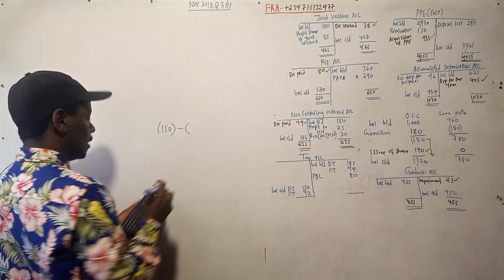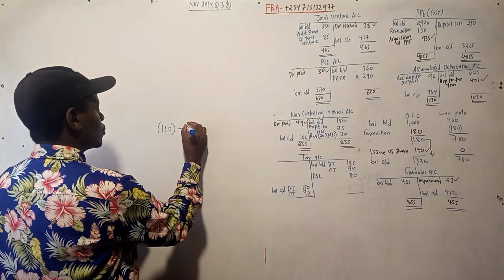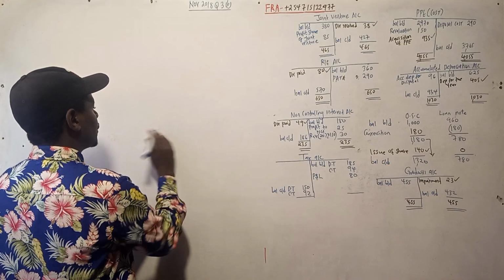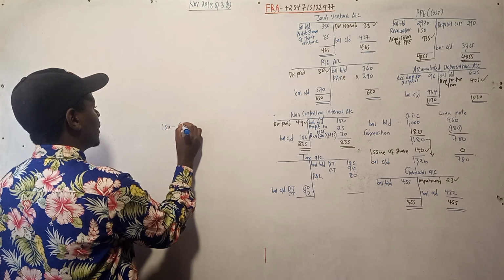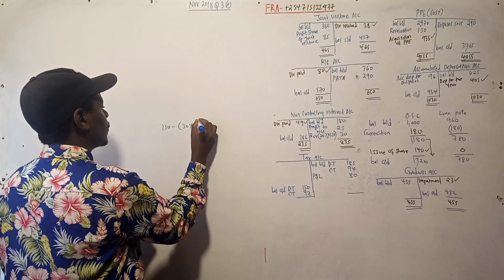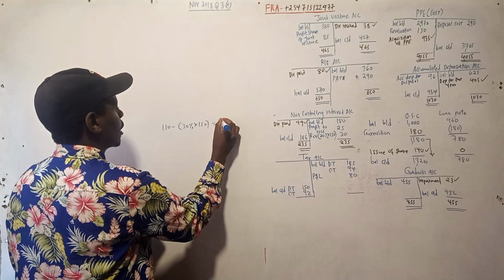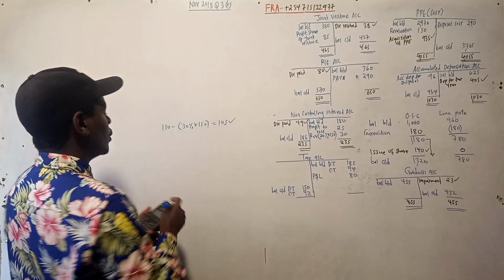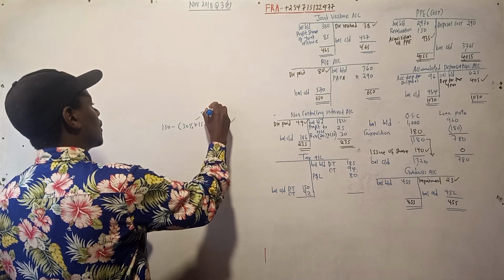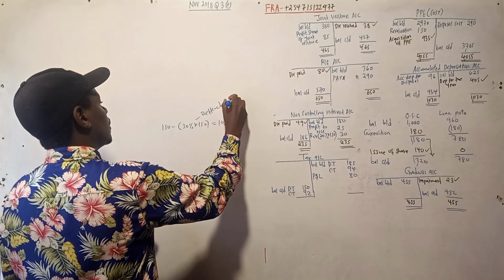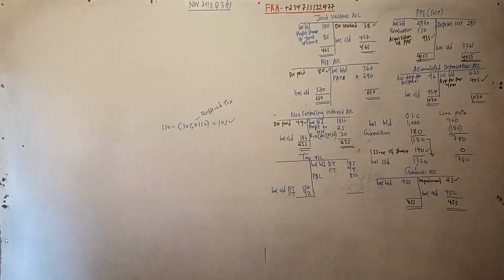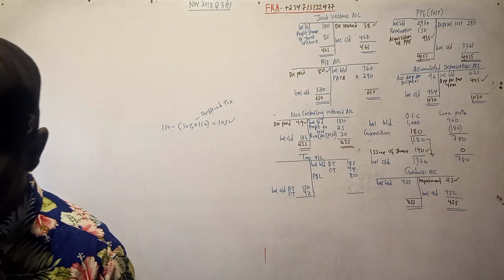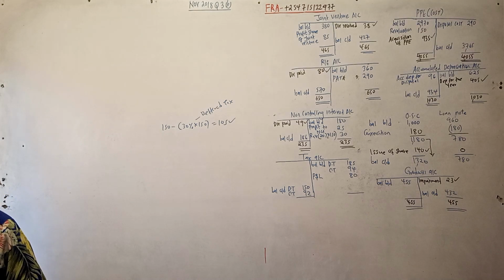The tax is 30%. So 150 minus 30% times 150 gives that 105, meaning this is the deferred tax that has been deducted.